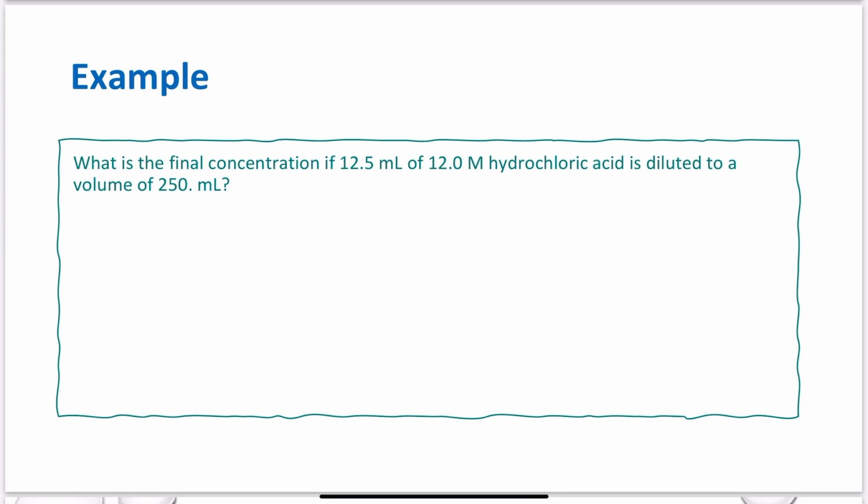What is the final concentration if 12.5 milliliters of a 12 molar HCl solution is diluted to a volume of 250 mils? If I want concentration, concentration is the same as number of moles of what you're looking for, which is HCl, per liters of that solution.